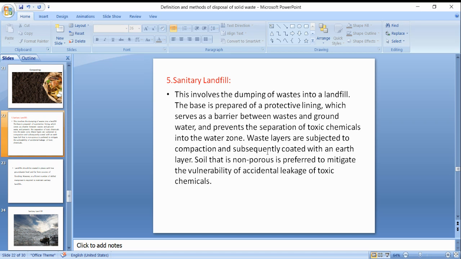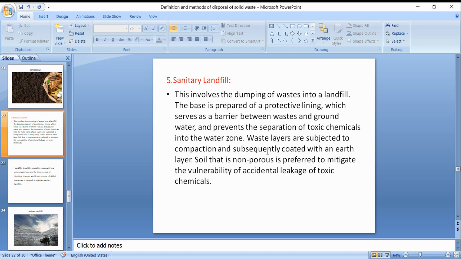For that reason we make a protective lining on the pit. Waste layers are subjected to compaction and subsequently coated with an earth layer. Soil that is non-porous is preferred to mitigate the vulnerability of accidental leakage of toxic chemicals.